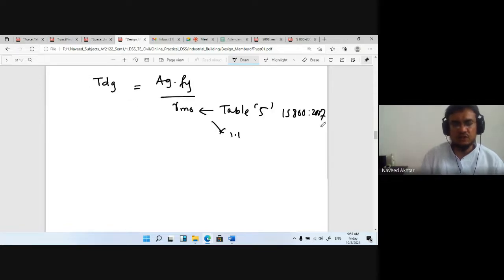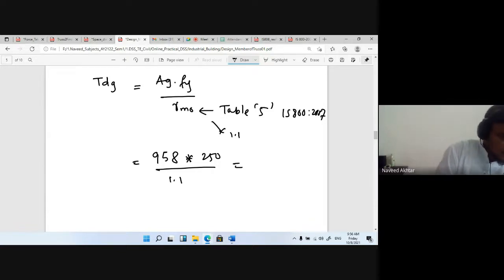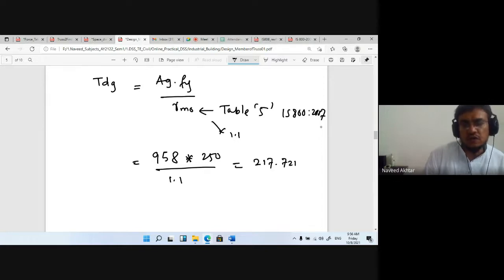We put the values: AG is 958 mm square, Fy is 250 Newton per mm square, gamma M0 is 1.1. So 958 into 250 divided by 1.1, this is gross section yielding, and it comes to 217.72 kilonewton.